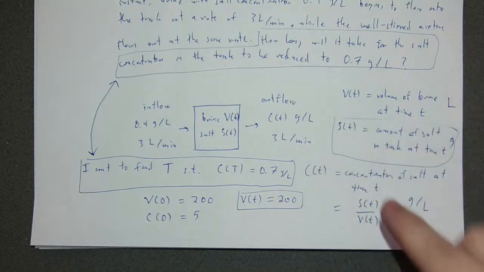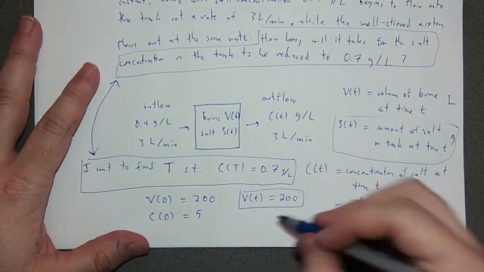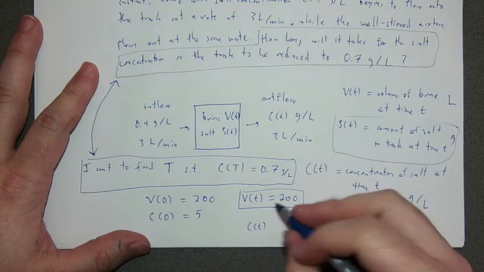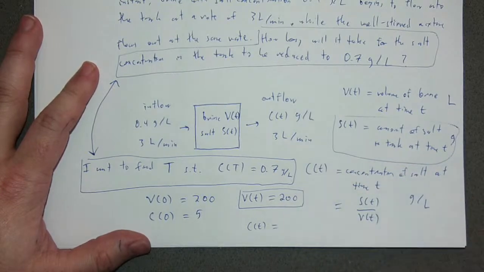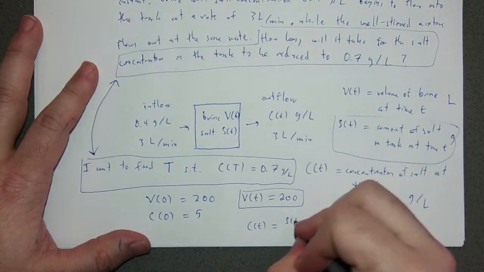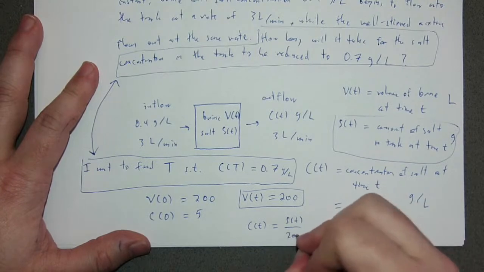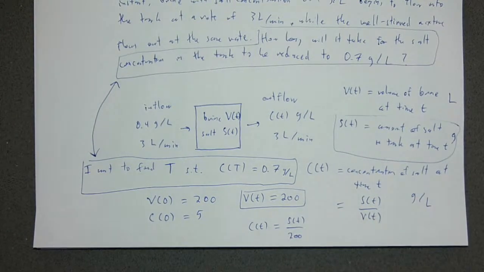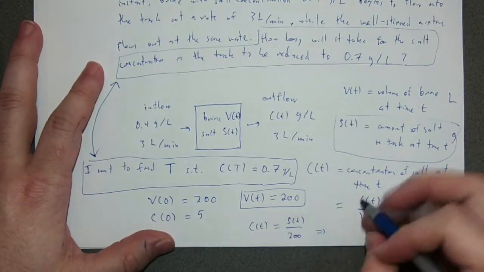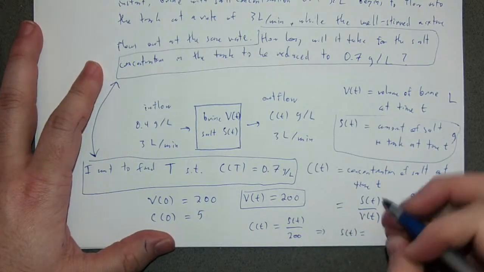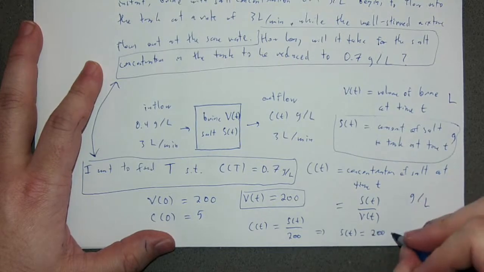Then C of t is S over V, which is S of t over 200. So S of t is equal to 200 times C of t.